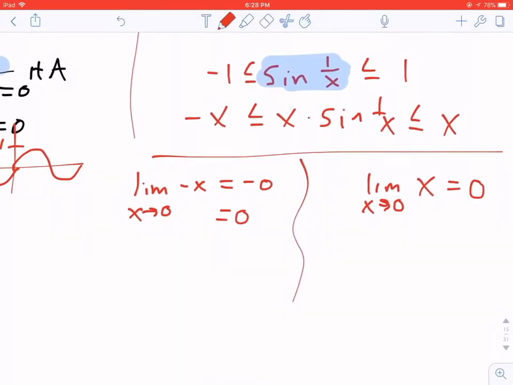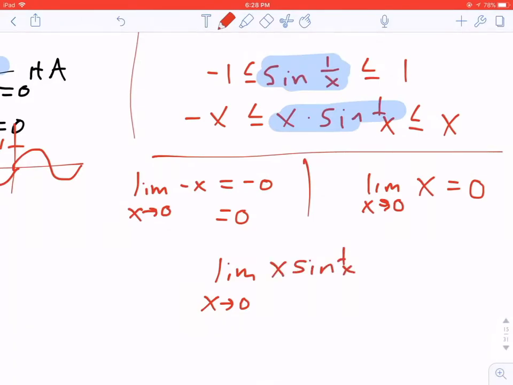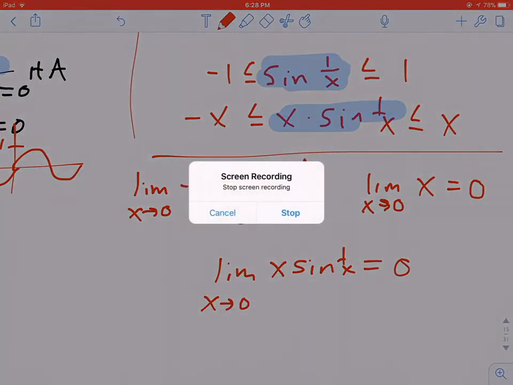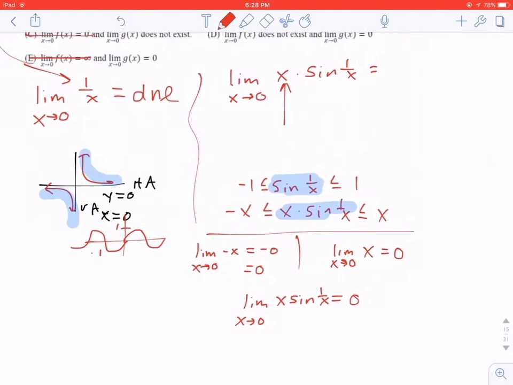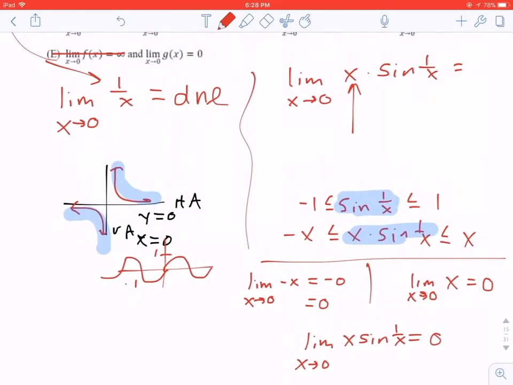So since both of those are approaching 0, we can conclude that the function that's between them, this inequality, the limit as x approaches 0 of the function that's between them must also approach 0. Keep messing that up, I'm sorry. I'm not crazy, I'm just a little tired. So that means that when we come up here, we're saying that this is equal to 0.